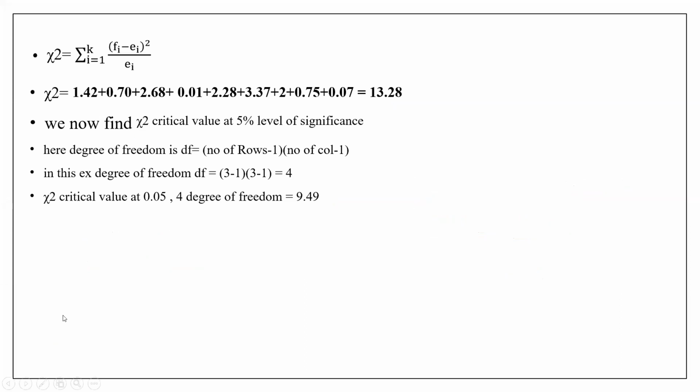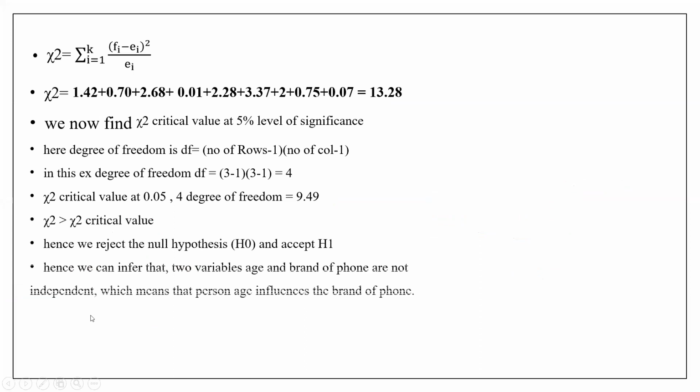If we have to reject the hypothesis, then what does it conclude? Infer means conclusion. Hence we can conclude that the two variables, age group and the brand of the phone, are not independent, which means that the person's age does influence the brand of phone.